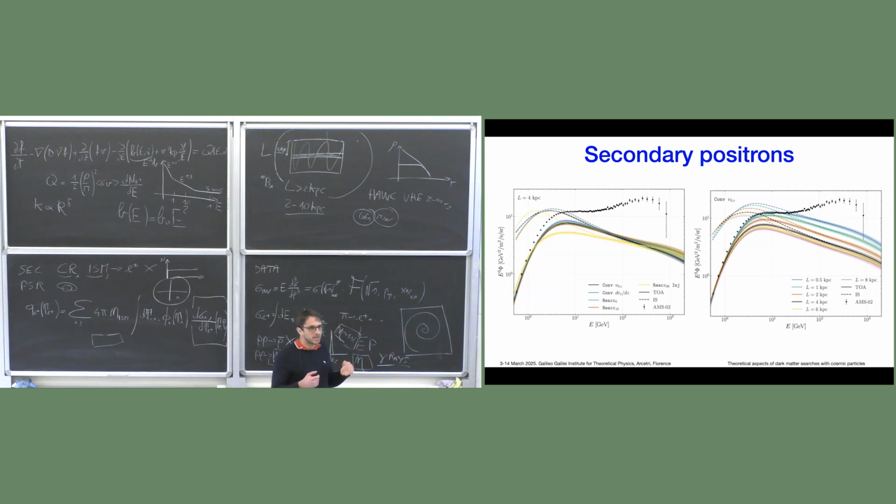Okay, the presence of a cutoff in the positron data is very, very important, because it can be, let's say, the evidence of a pulsar with a specific distance and age for which you start to have a cutoff, or it could be the evidence of a dark matter signal, because you remember that the dark matter spectrum has a cutoff when the energy of the particle is above the dark matter mass.